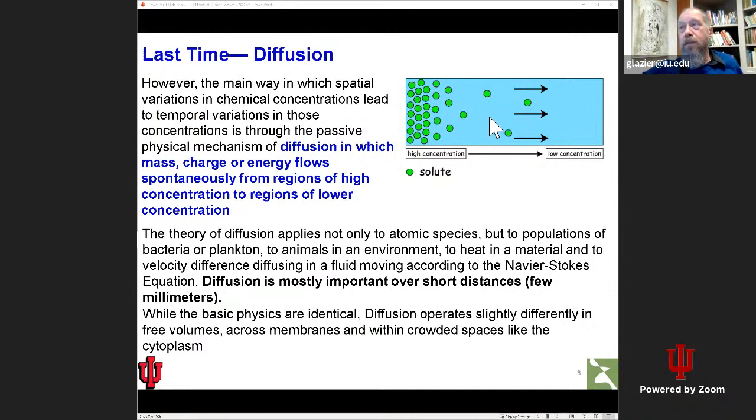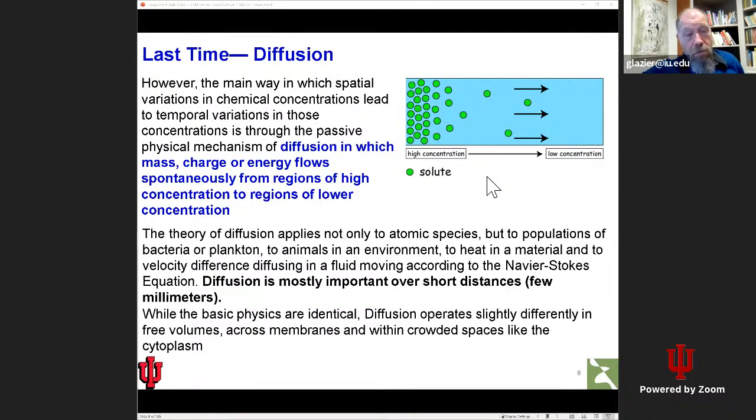If I draw a line in the middle of this box, and I say that each particle is equally likely to move to the left and the right, then even though the individual particles don't have a bias in their movement, the net flux will have a bias because the number of particles on my left is bigger than the number of particles on my right. And so the fraction of particles moving to the right is larger than the number moving to the left, even though the individual particles aren't biased.